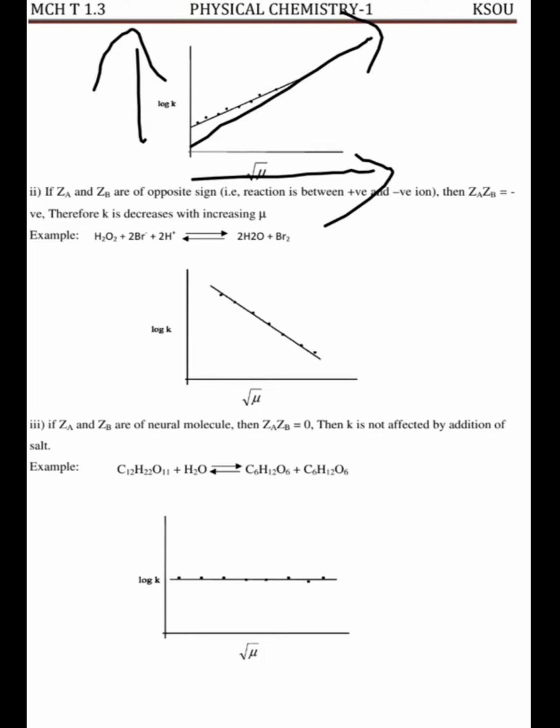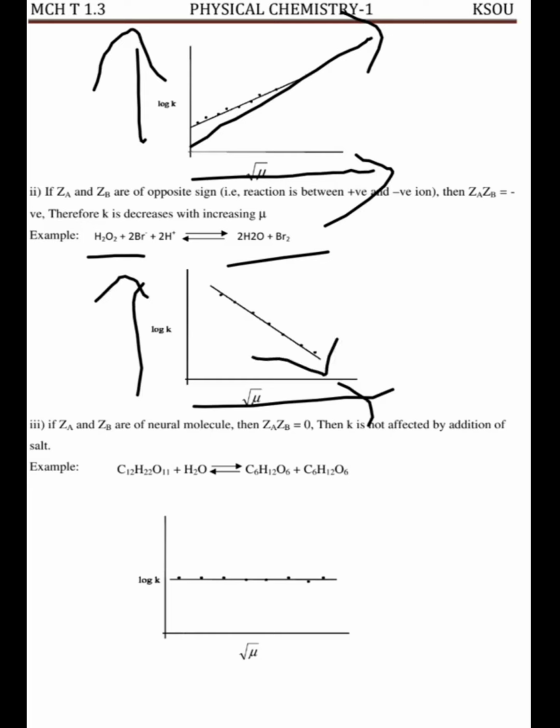And in the second example, we are going to discuss one positive and one negative. Here we have taken the example of hydrogen peroxide plus bromine, which gives water plus bromine. As the rate of reaction increases, the ionic strength of the solution decreases.